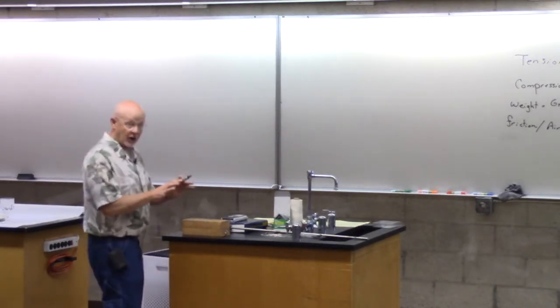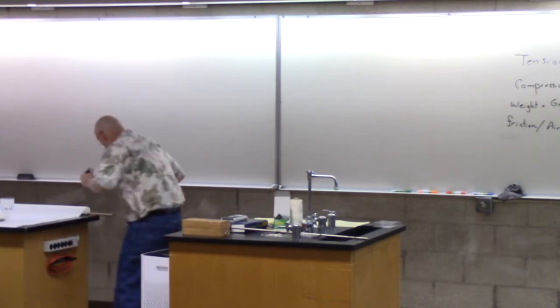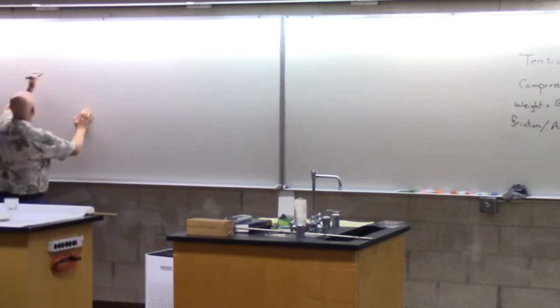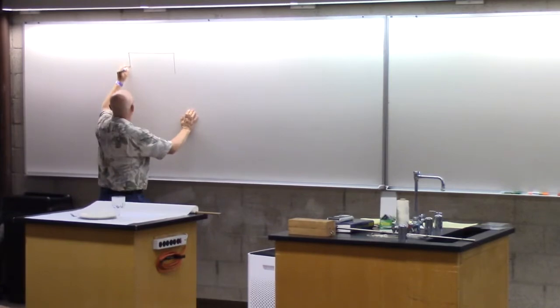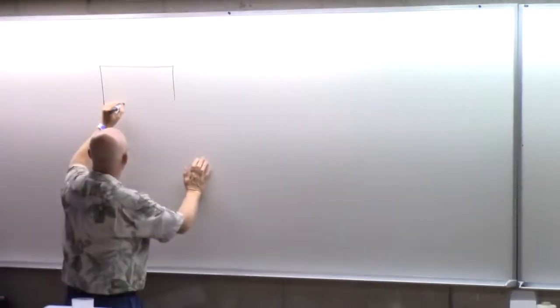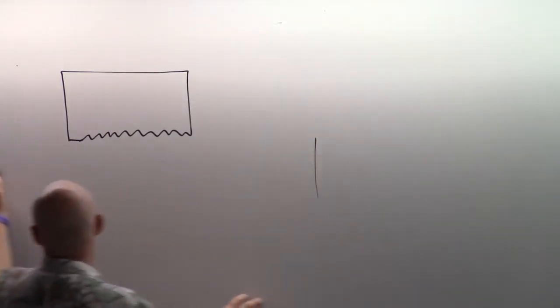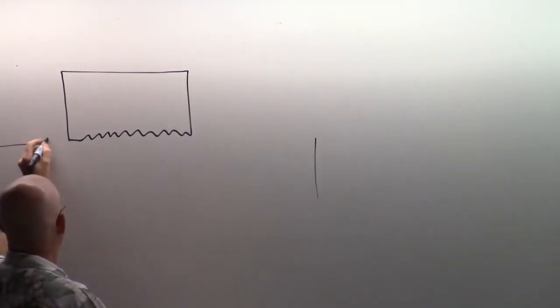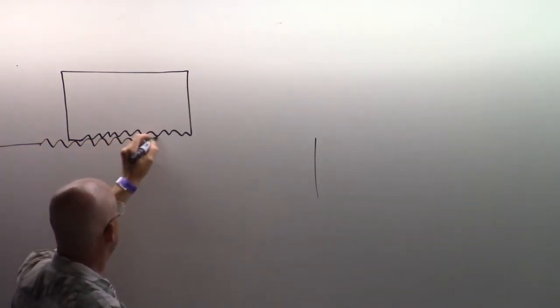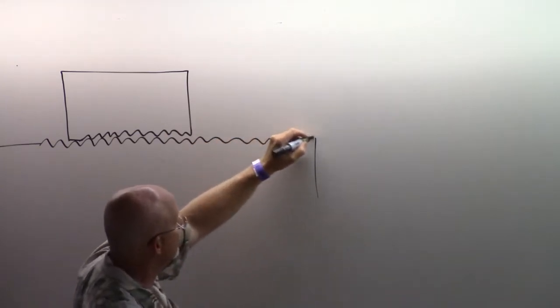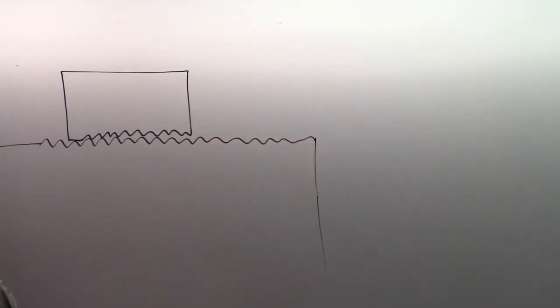In fact, if I tried to draw a picture of this, here is the block of wood, and if I were to magnify the bottom of the block of wood, I would see that it has a bunch of unevenness. And then likewise, here's the table that it sits on. And again, if I were to magnify the surface, I would see that it is not completely smooth. It's got some rough edges.